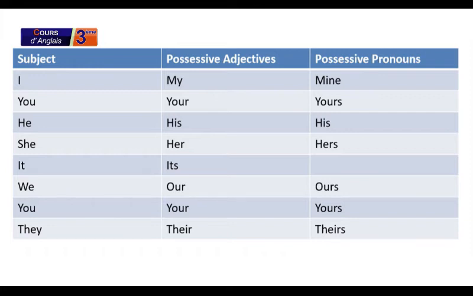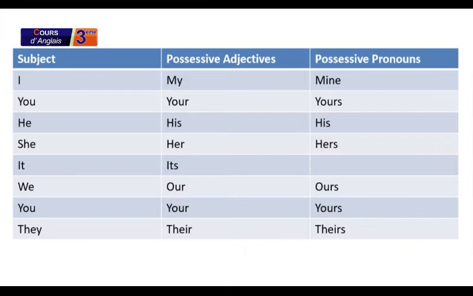For you, you can have your as a possessive adjective and yours as a possessive pronoun. He, possessive adjective is his and possessive pronoun is his. She, possessive adjective her, possessive pronoun hers.